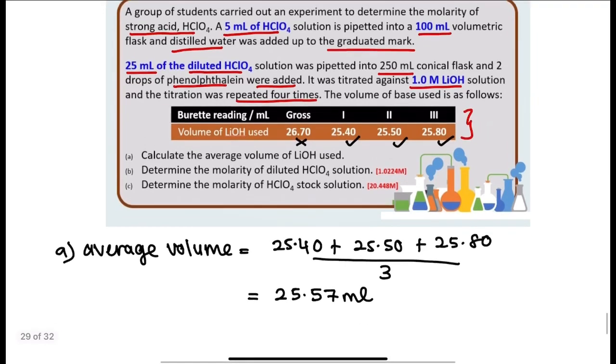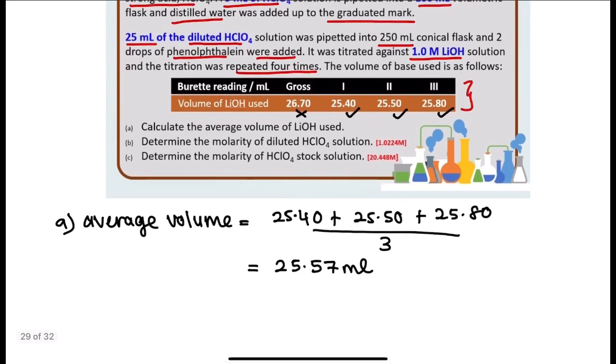Next, you are required to determine the molarity of the diluted HClO4 solution. This is the solution that we have used for titration. So, before starting calculation, you must write out the chemical equation. This is a neutralization reaction.